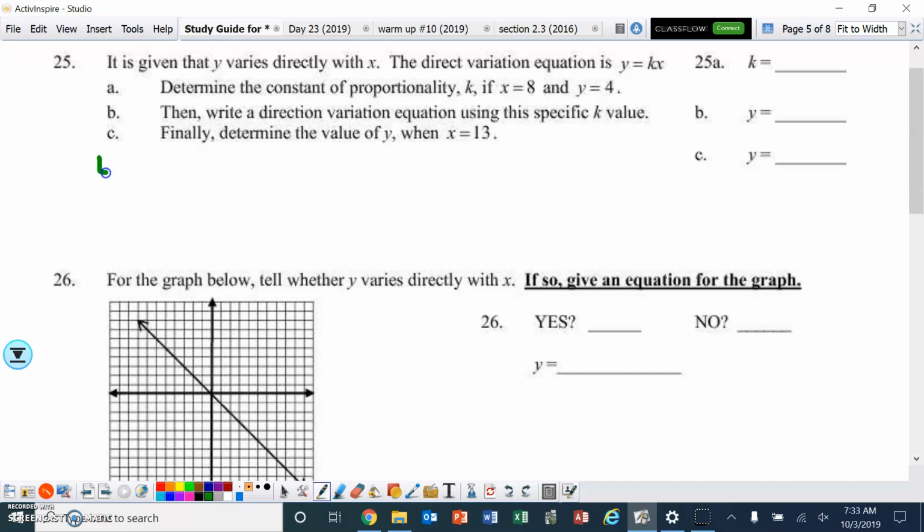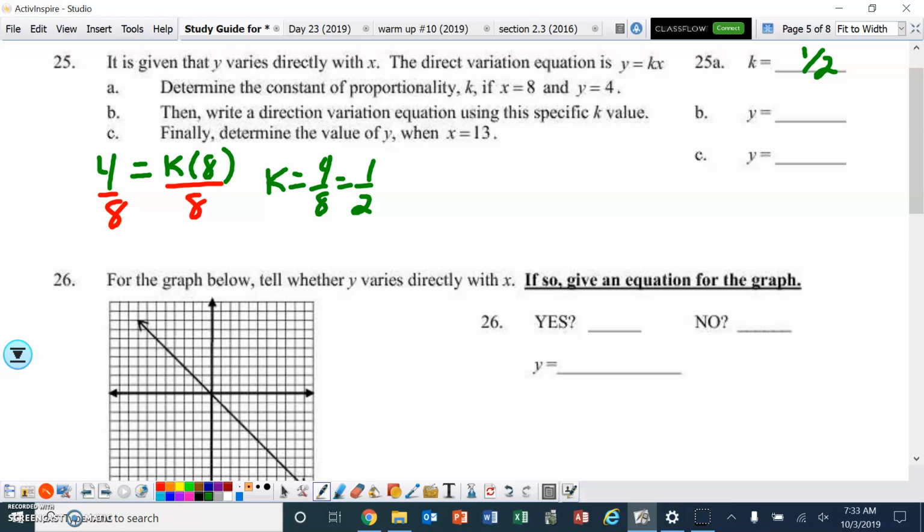All right, so we take 4 and set it equal to k times 8. We're going to divide by 8 and reduce, and k ends up 4 over 8, which is a half. So k is a half.